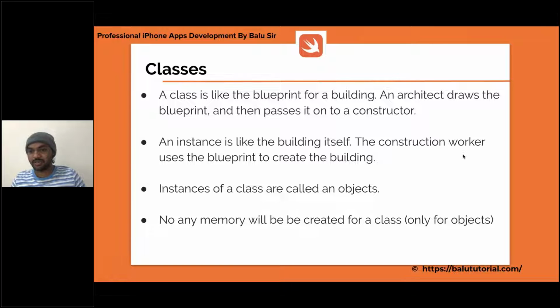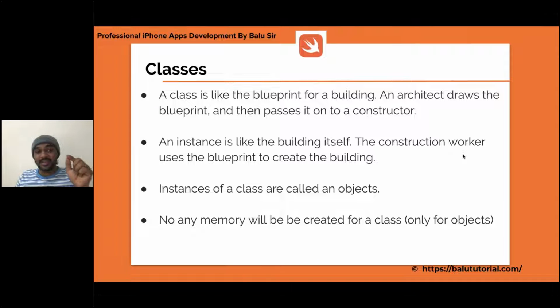In order to construct the building, first of all I create a plan, right? That particular plan I call a class. The class doesn't have any physical model. A class has only the blueprint, how the structure looks. A class is a blueprint of an entity, or a blueprint of a data model.